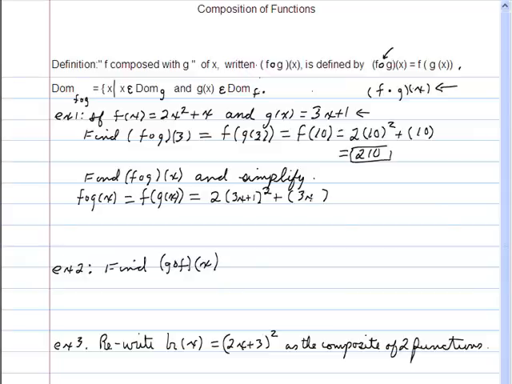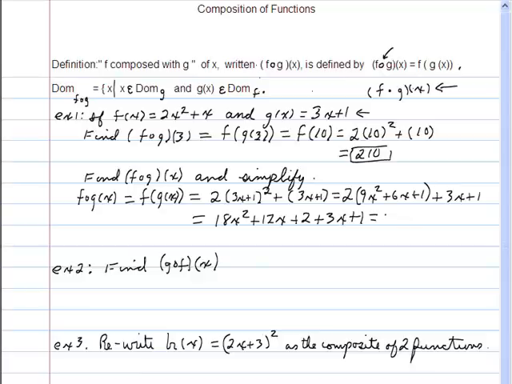So let's simplify this out and see what we get. We get 2 times, and if we square 3x plus 1, we get 9x squared plus 6x plus 1. And then if we add to that g of x, we get plus 3x plus 1. Well, multiplying the 2 gives us 18x squared plus 12x plus 2 plus 3x plus 1.